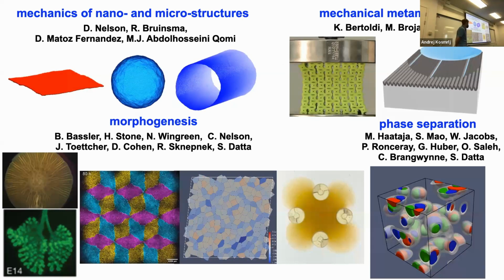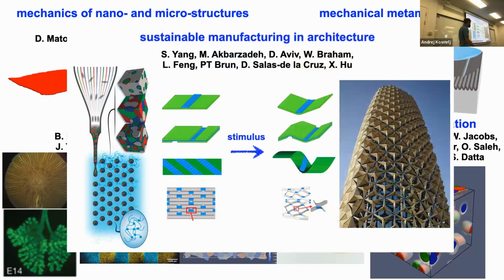The last thing I'll mention here is that many of the tools we developed for these projects will now be combined in a new collaborative project on sustainable manufacturing and architecture that's led by Xu Yang at UPenn, where the idea is that we want to create large scale, self-folding origami and kirigami structures for potential use in architecture, made from eco-friendly materials.